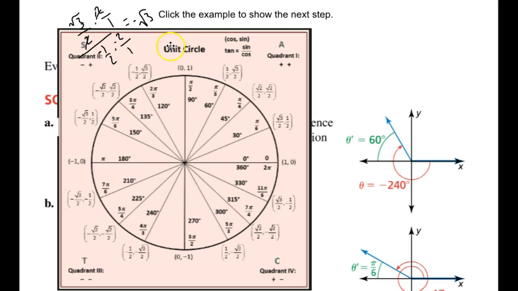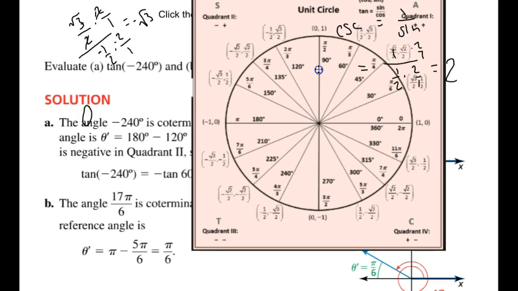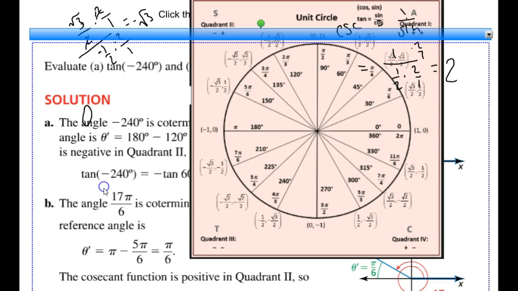And I know here that I'm looking for the cosecant. And I know that the cosecant is the inverse of sine. So it's going to be 1 over the sine. So I know I have 1 over the sine of this, right? And sine is my y value, which is 1/2. So to simplify this, I multiply the numerator and denominator by 2 over 1, which gives me the value of 2, which is the same thing I'll end up getting down here.